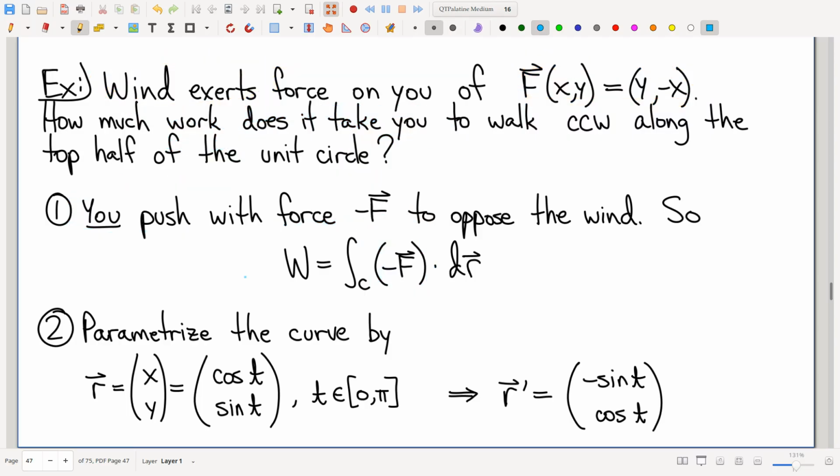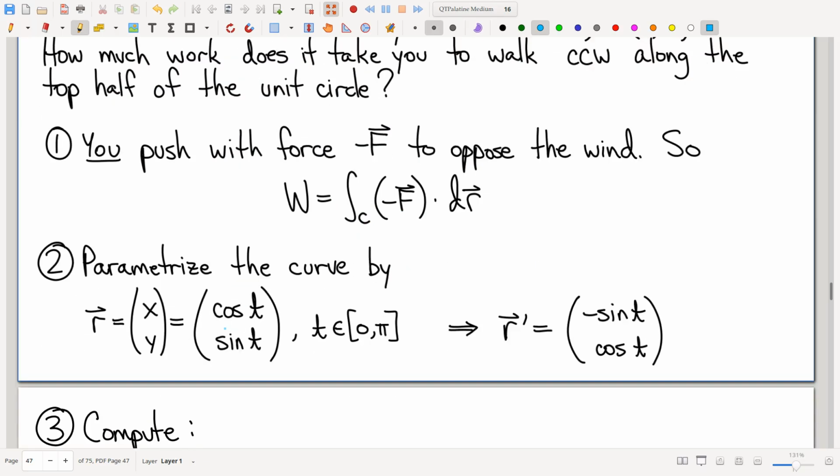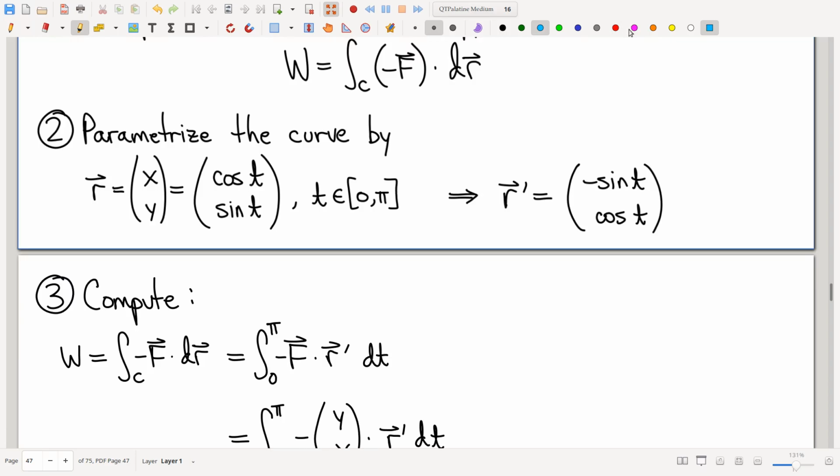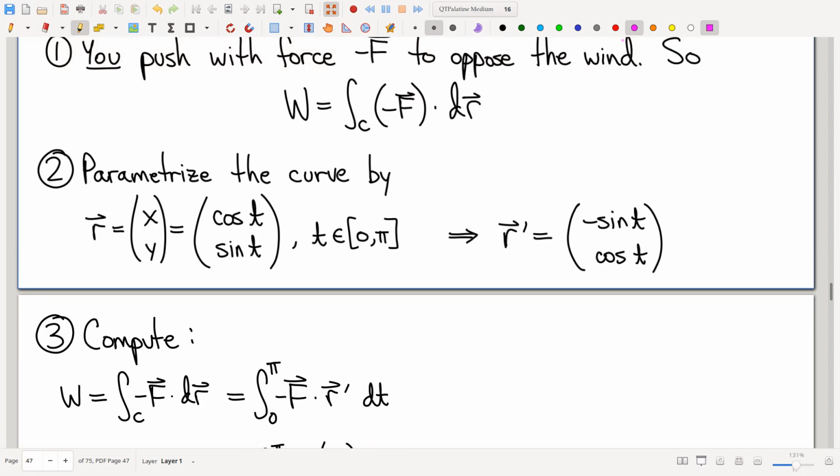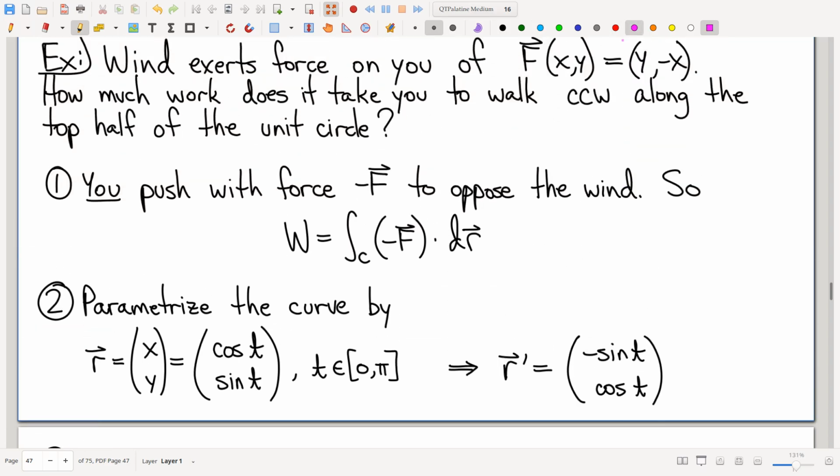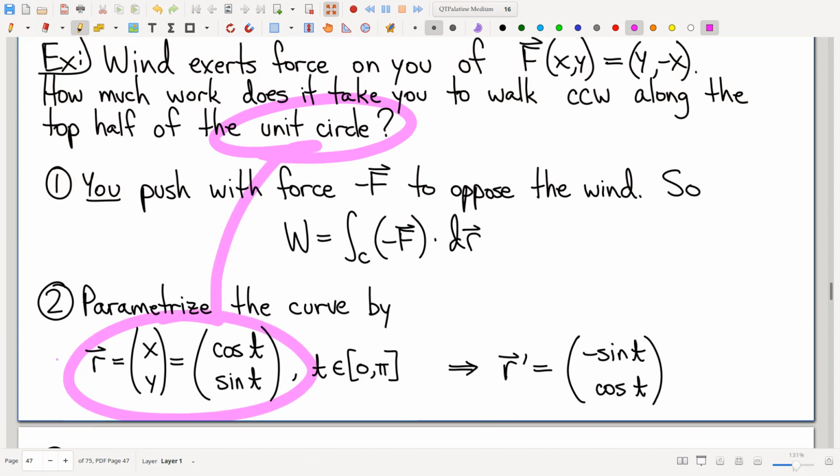Okay, that said, here's our integral, and this is very plug and chug. We parameterize first. The unit circle, easy to parameterize. Notice we're only interested in the top half of the unit circle, so these values of t, not the whole unit circle. We take the derivative.